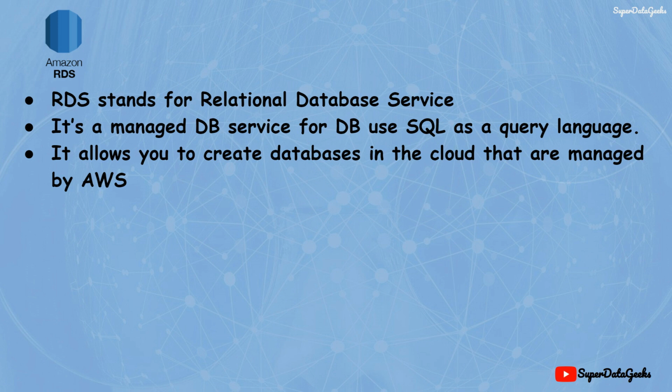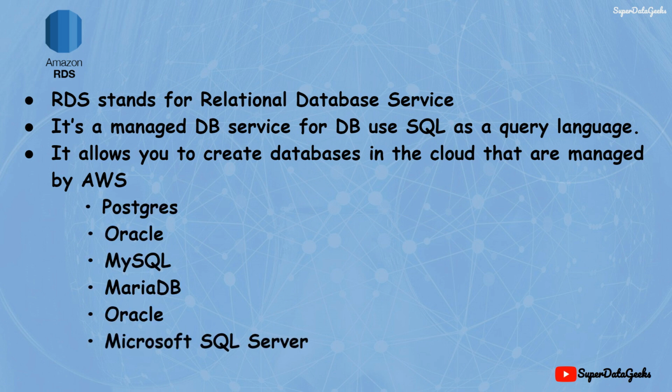Just click on this and set up your database in a few clicks, and it allows you to create databases in the cloud which are managed by AWS. The different databases provided are Postgres, Oracle, MySQL, MariaDB, Microsoft SQL Server, and Aurora. Aurora is an AWS proprietary database, and its performance is better than the others.